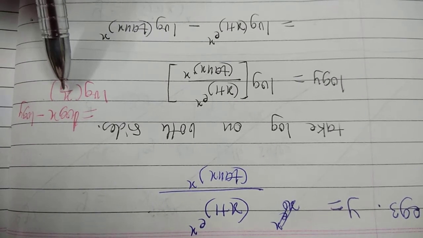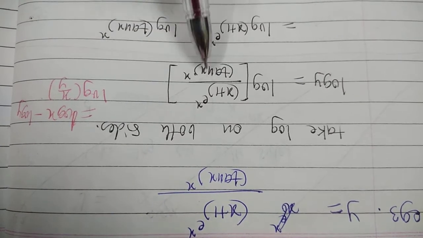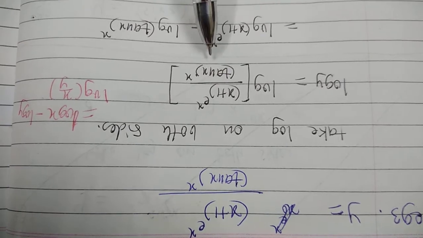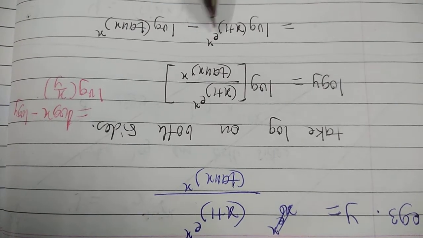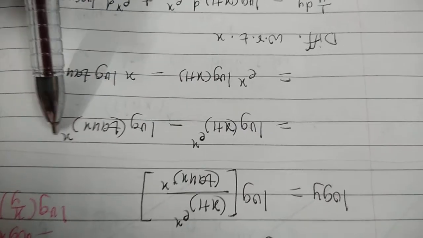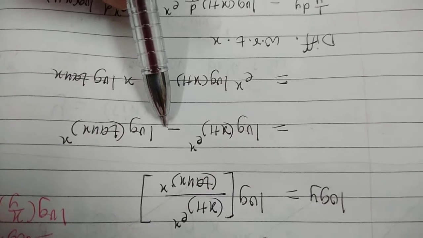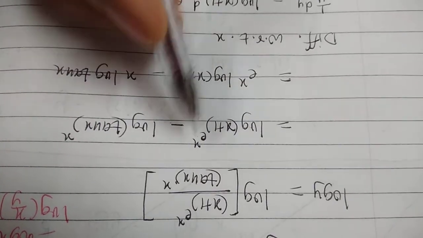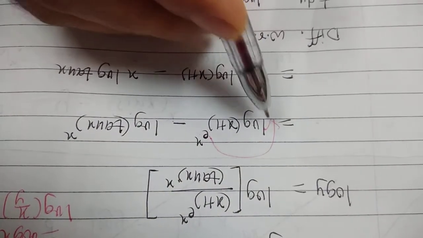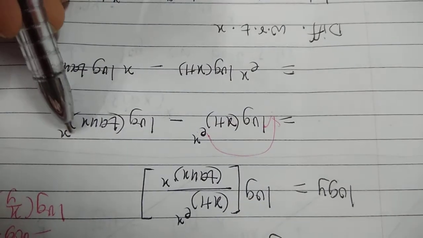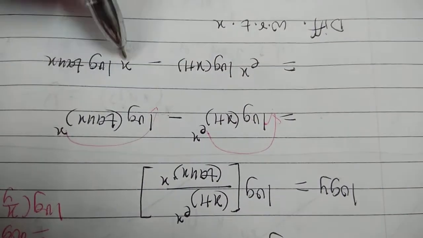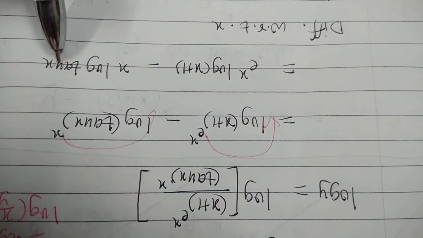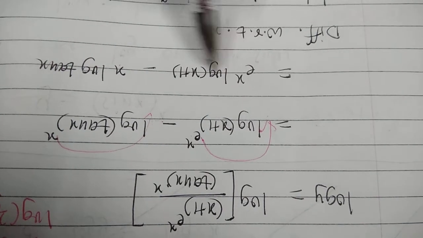So in reverse order we will use this formula. This term we can write as log of x plus 1 raised to e raised to x, minus log of tan x raised to x. Subtraction. Again like our previous problems, this e raised to x we can take down using the log x raised to n formula, and this x you can take here. So using logarithmic properties, we have written it like this.